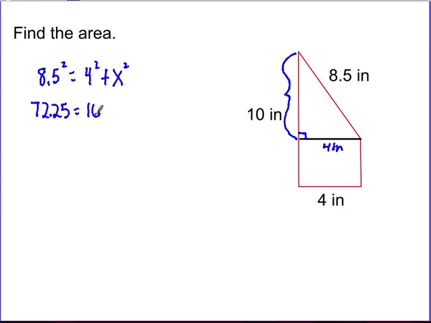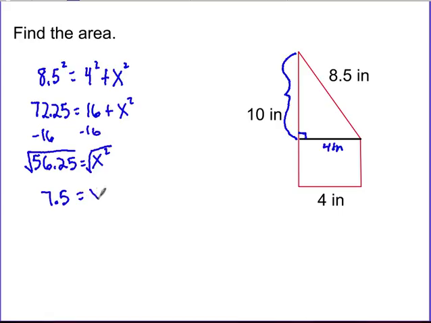That equals 16 plus x squared. So we'll subtract 16 from both sides. And 56.25 equals x squared. Take the square root of both sides, and 7.5 is x. That means this part of the long side is 7.5 inches.